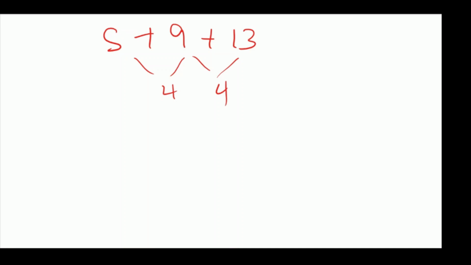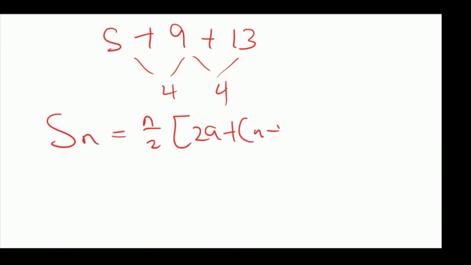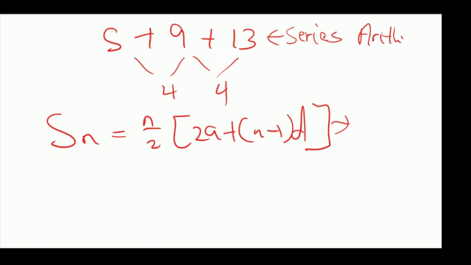So our sum of the series equals n over 2 into 2a plus n minus 1 d. So why are we using this sum? It is because we have identified that this series here is arithmetic. Right, so if it's arithmetic, how do we see that? We see it with this common difference.